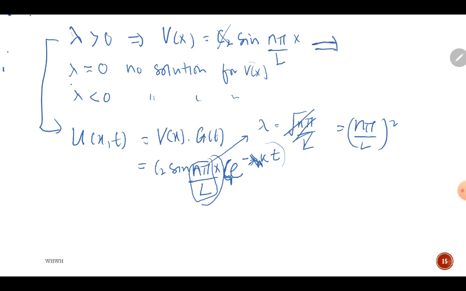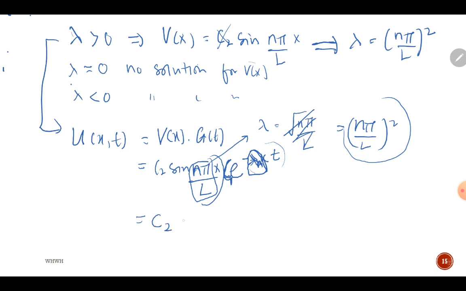Okay, check balik on the video yang saya cari for the case lambda more than 0 tu, kita dapat lambda is equal to n pi over L squared. Yang ni dia jadi n pi over L x je sebab it's root of lambda. So root dengan square tu dia cancel each other, kan? So maknanya kat sini lambda tu you boleh gantikan dengan n pi over L squared.